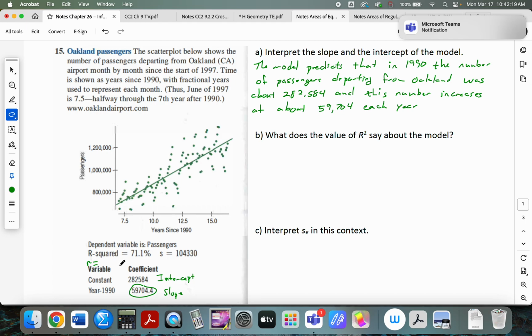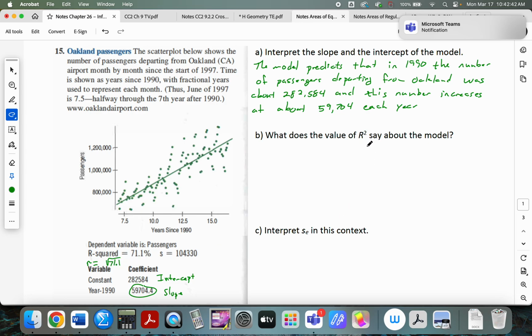Because as we move from left to right, we're going up. So that means that r has to be positive. This is a positive association. So r would be the square root of 71.1.